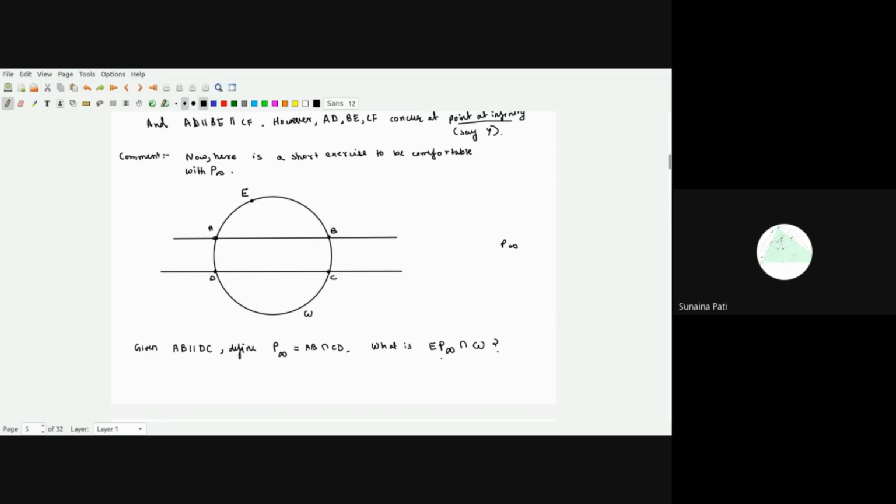this point, E point at infinity cap omega, is basically the line. So consider a line which passes through E and is parallel to AB and CD.